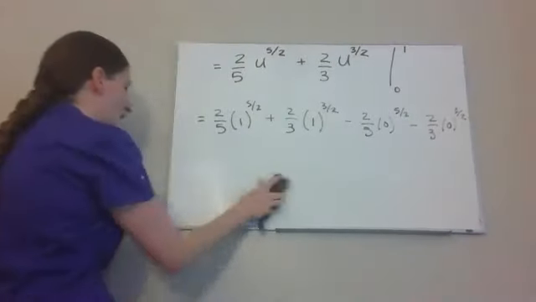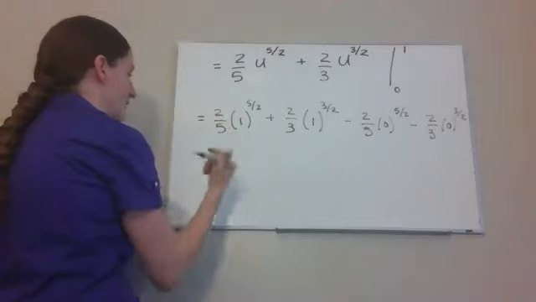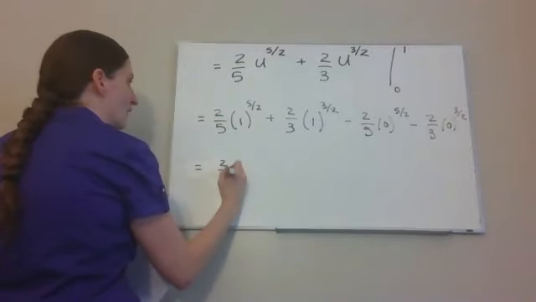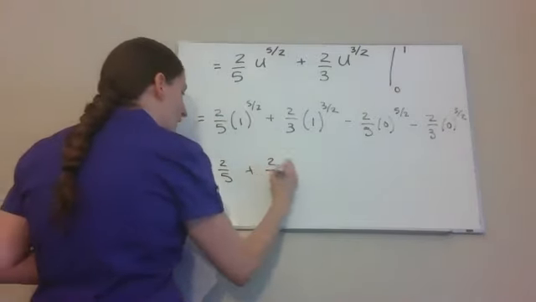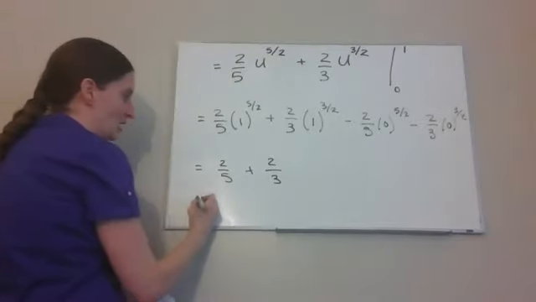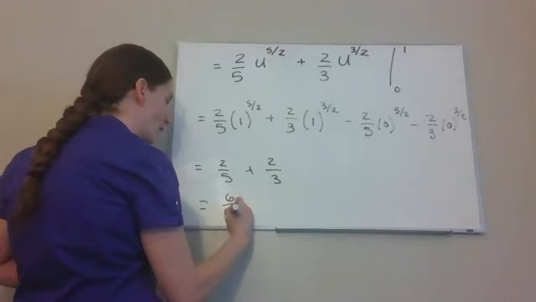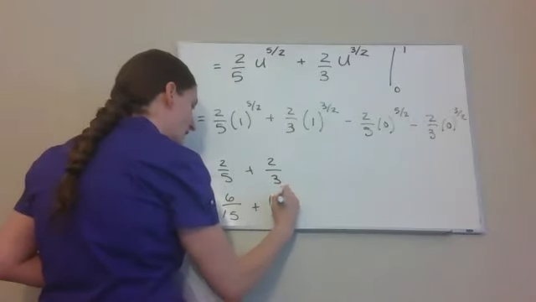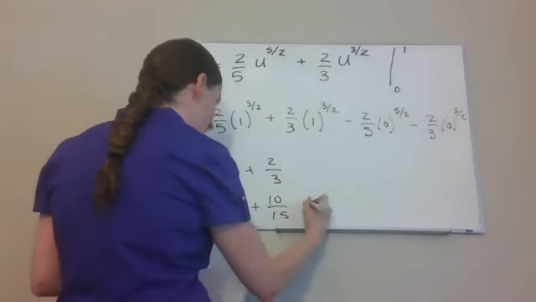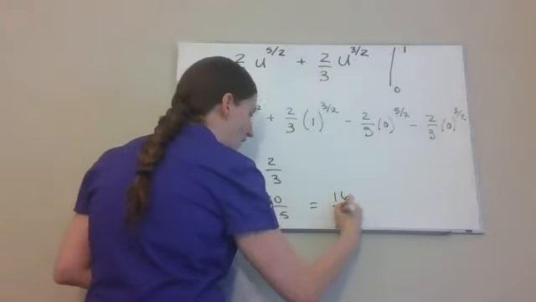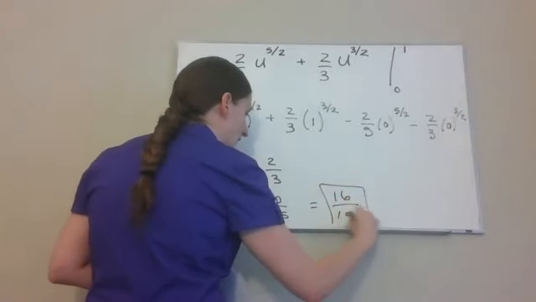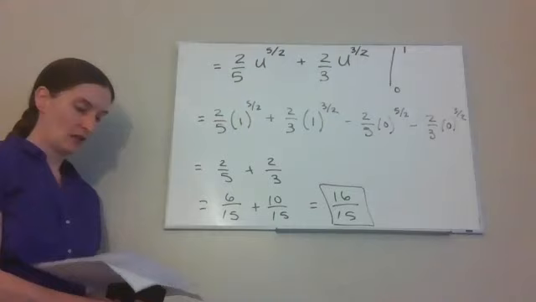So this ends up being fairly simple to simplify. I'm just going to get 2/5 plus 2/3, which if I get a common denominator of 15, I'm going to get 6 over 15 plus 10 over 15, which is equal to 16 over 15 as my final answer.